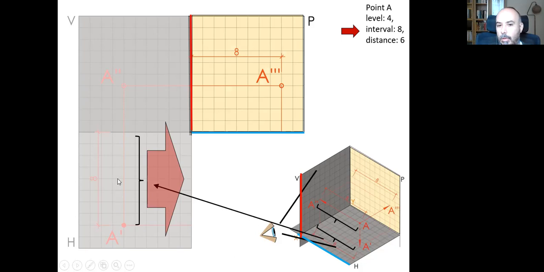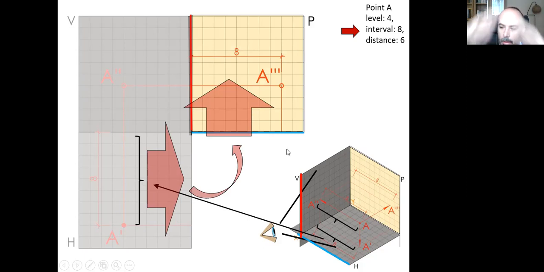I just need to carry this length up here. I don't need to measure the distance one more time. Because before I opened the system, these lines were all together. They were just one line, and I divided it. I cut it in half.